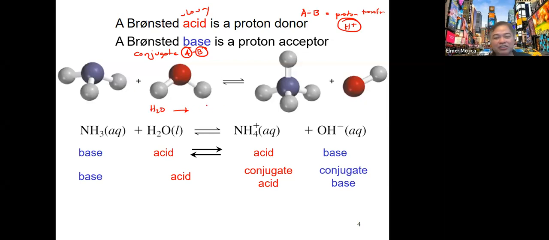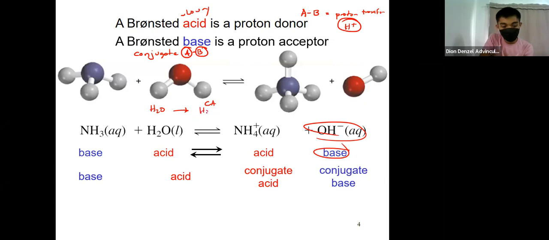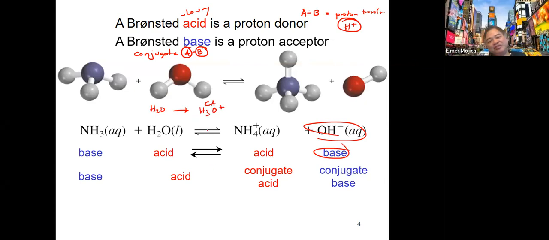Or what is the conjugate acid? Kasi conjugate base pala yung sagot dito eh. So what is the conjugate acid of H2O? H3O plus. Yes, because you are adding an H plus. Okay? So ganun yung conjugate acid-base pair. If you are asked what's the conjugate acid of the other one, you just add an H plus. If you're asked what's the conjugate base of the other one, you just remove an H plus.